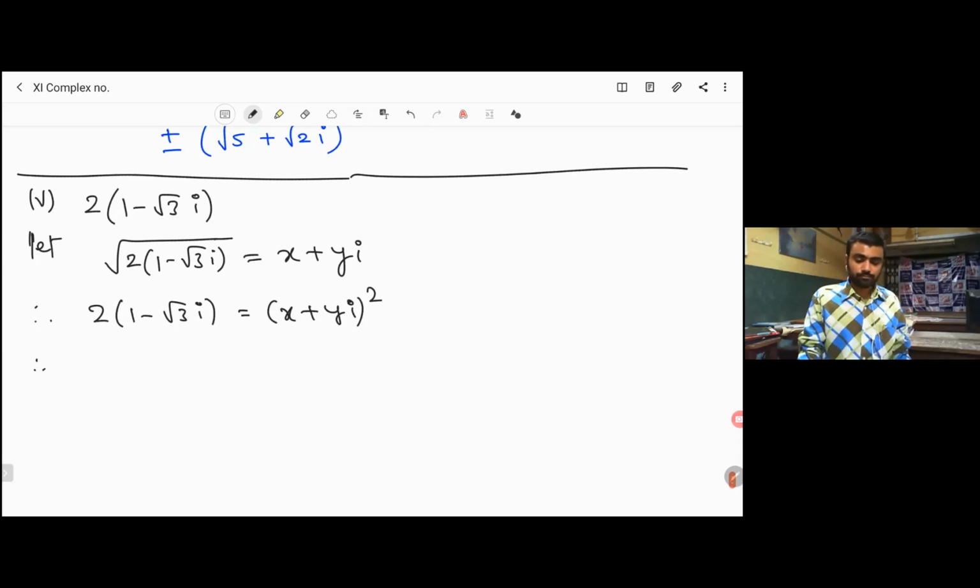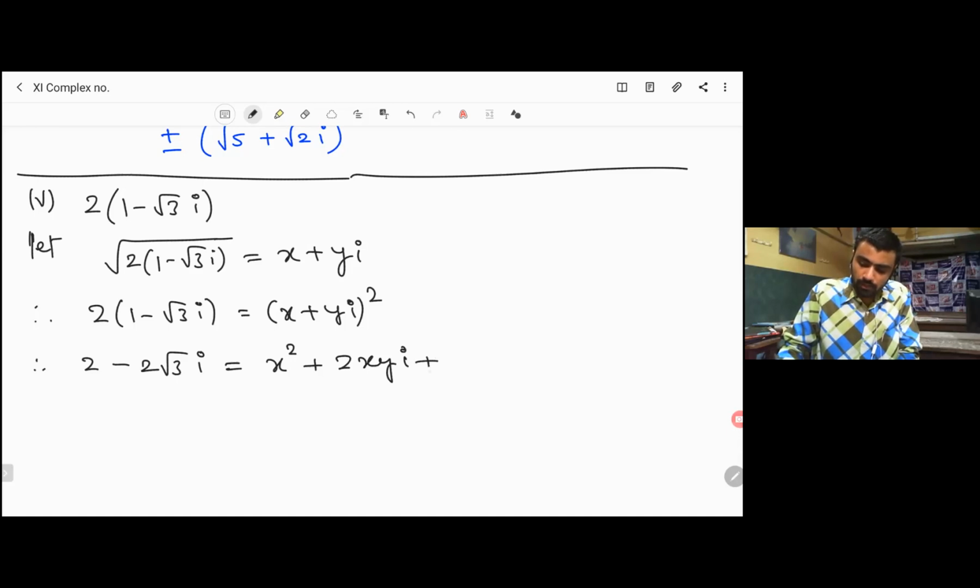Therefore, now इसको हम आगे सिंप्लीफाई करेंगे. एक तो 2 को यहाँ मल्टीप्लाई करके ले लो, ब्रैकेट ओपन कर लो, so this becomes 2 minus 2 root 3i is equal to x square plus 2xyi plus y square i square.